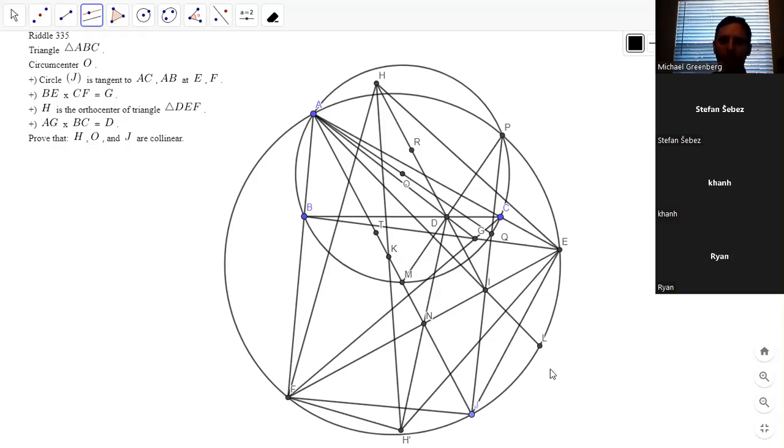But if Khan can prove that HT is perpendicular to BC, then yeah, we probably don't need H prime. We could probably use that fact.